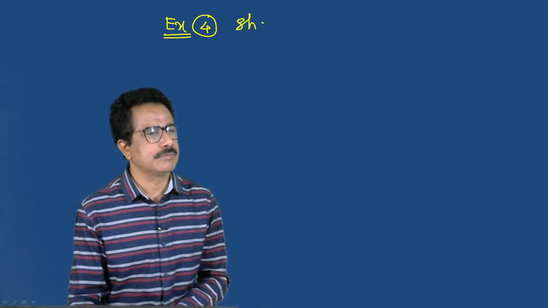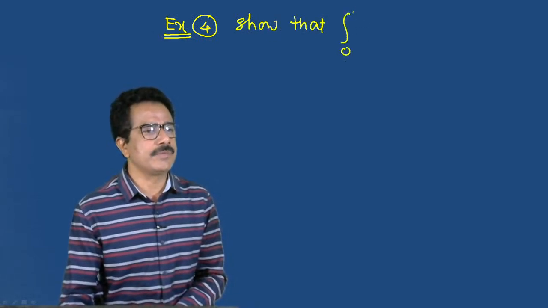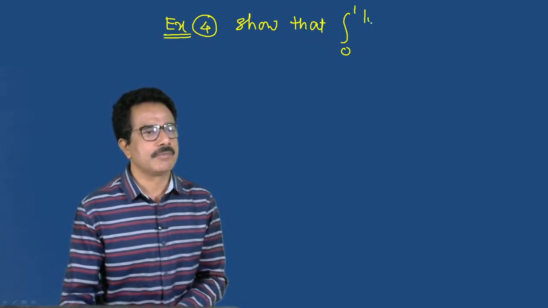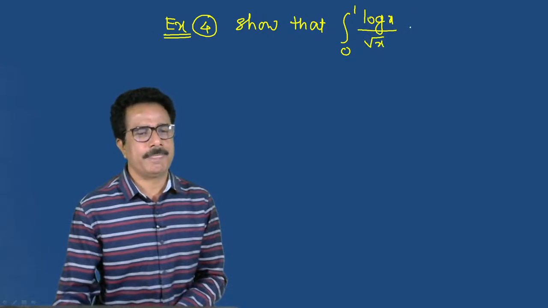Now next we shall discuss the next problem. Write down problem number 4 or example 4. Show that integral from 0 to 1 log x divided by root x is convergent.